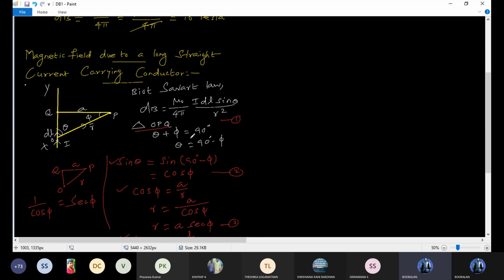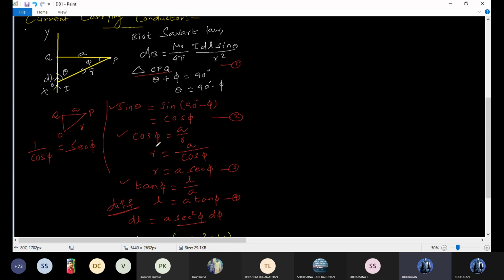Sin theta equals sin(90 minus phi), equal to cos phi. Equation number 2 completed. I need to find the r value also. Using cos phi equals a by r, r equals a divided by cos phi, which is a secant phi.